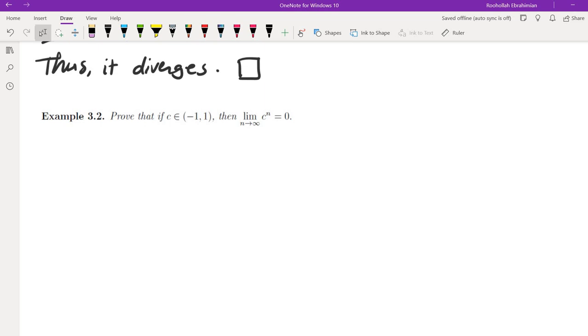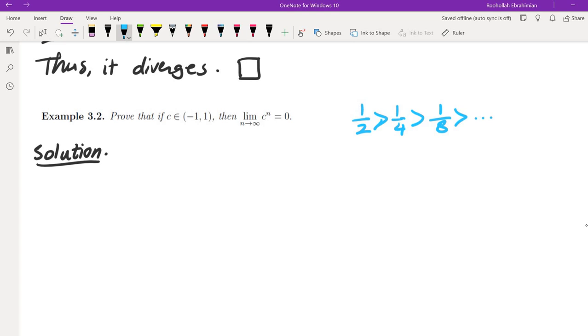Okay, so if you look at this example, c to the power of n, when c is between -1 and 1, the behavior is a little bit different if c is between 0 and 1 and if c is less than 0. For example, if c is 1/2, the sequence is 1/2, 1/4, 1/8, etc. That is if c is 1/2.